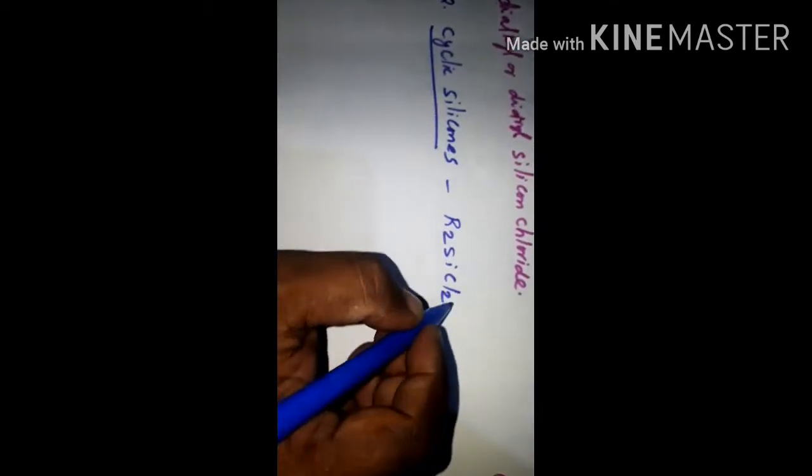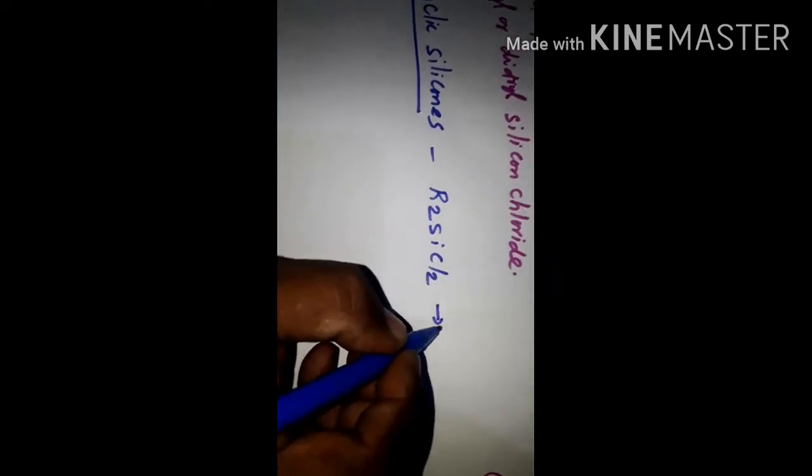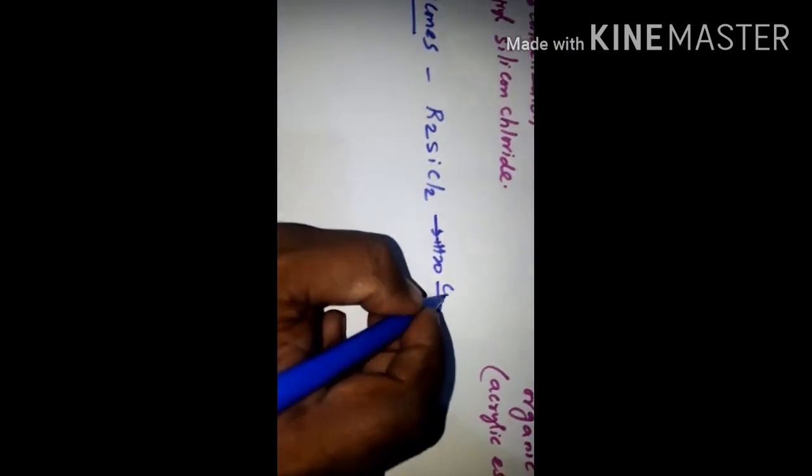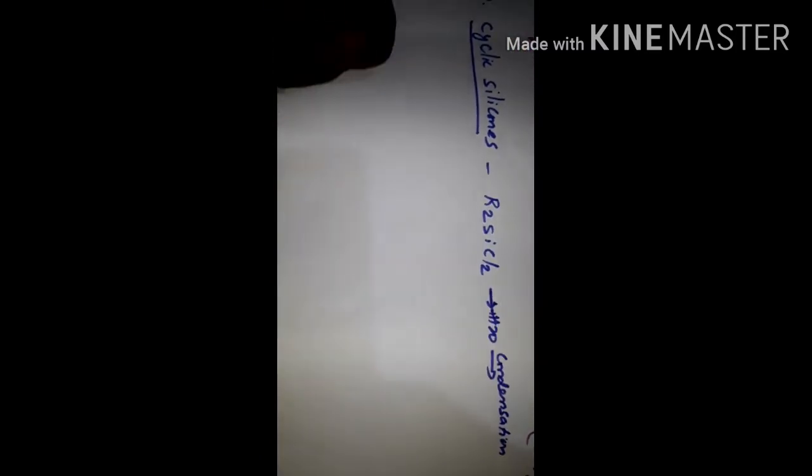So from this we are getting these cyclic silicones. So first hydrolysis, add H2O, then followed by condensation. So finally we will get cyclic silicones.